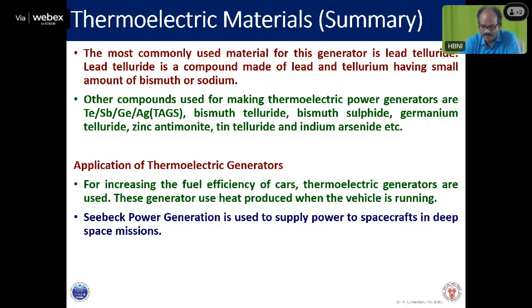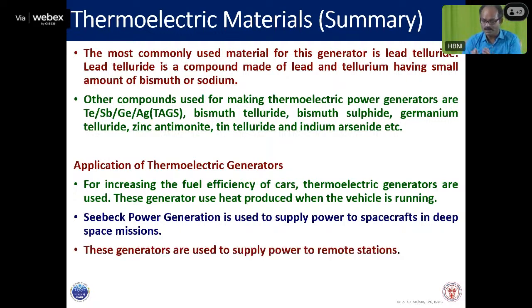But in deep space, where sunlight is not there, you cannot use solar cells. So for those kinds of applications in deep space missions, you require thermoelectric power generators.